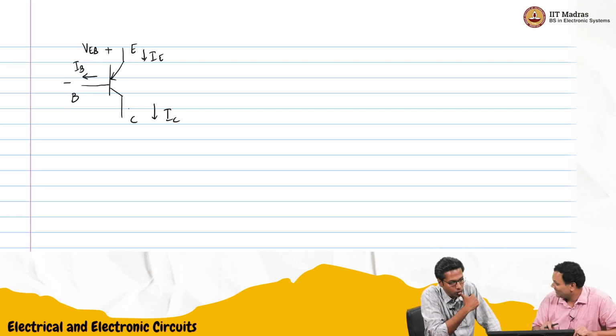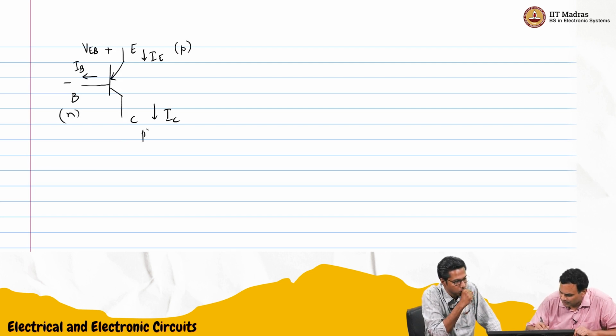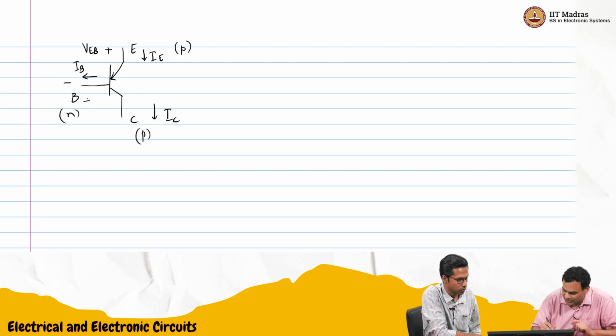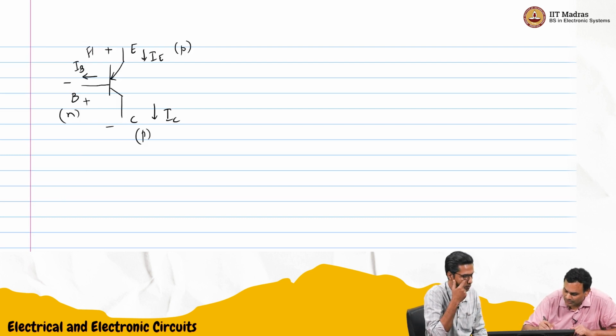And now the base collector junction. So let's label P and N. So this is P and this is N. So PN has to be forward biased. And now base collector is a higher voltage, so this is reverse biased. So I'll draw it like this. Forward biased. This is reverse biased.